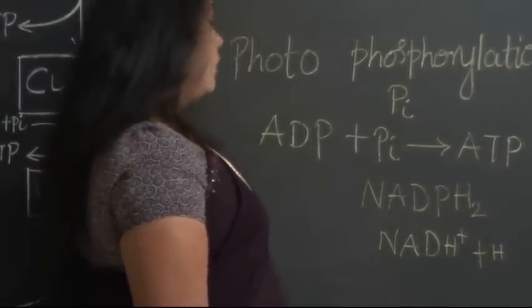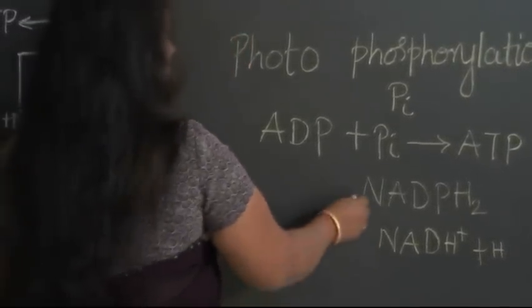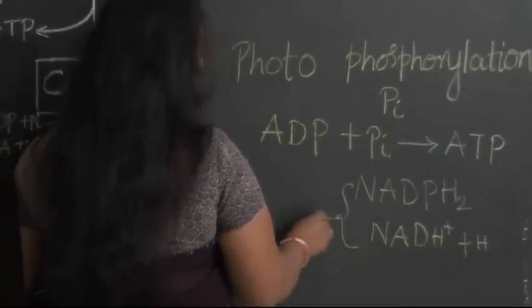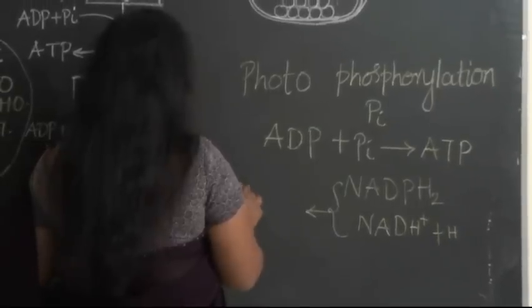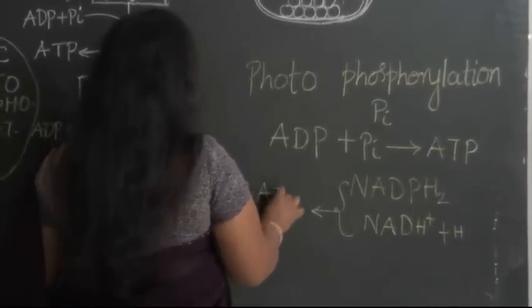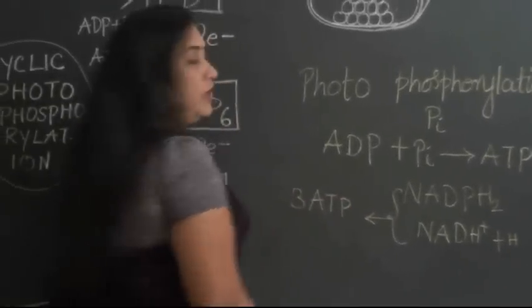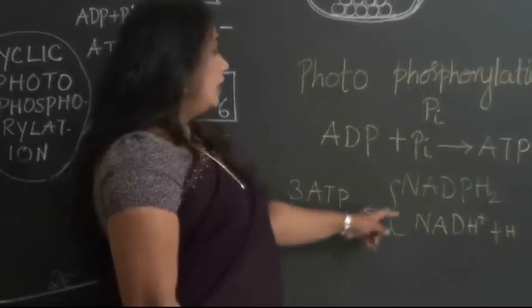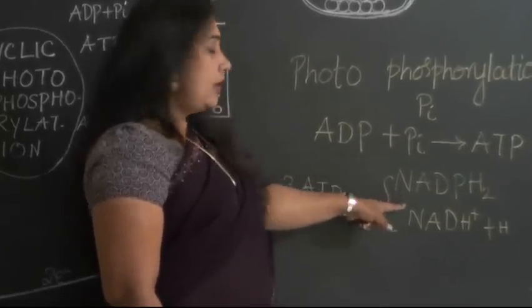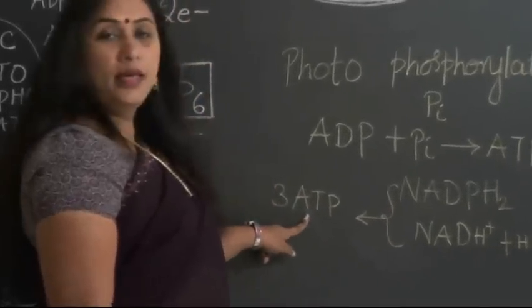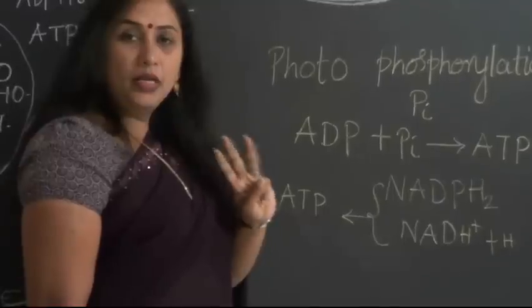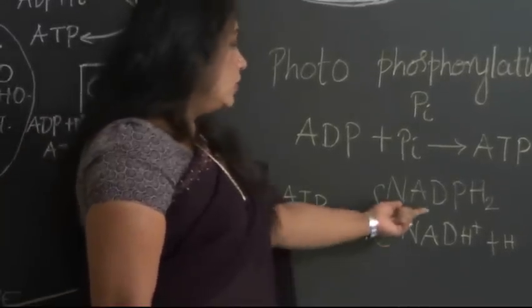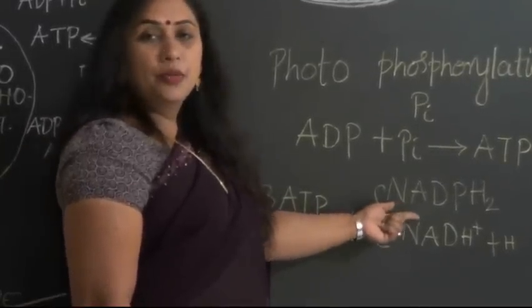One molecule of NADPH2 can in turn give 3 ATP molecules. So therefore this is also an energy rich molecule.